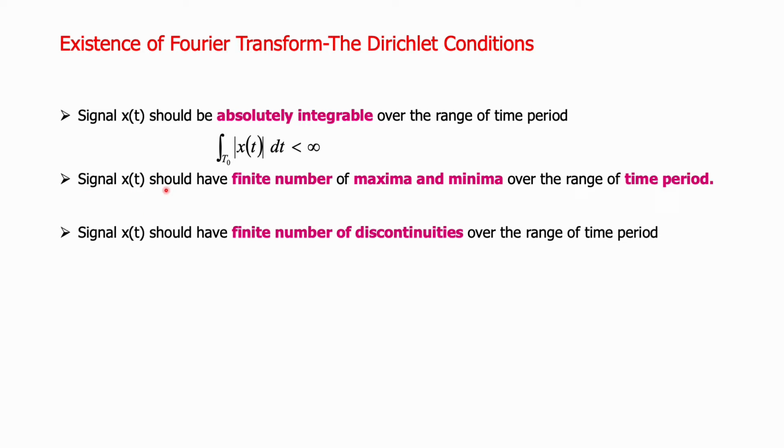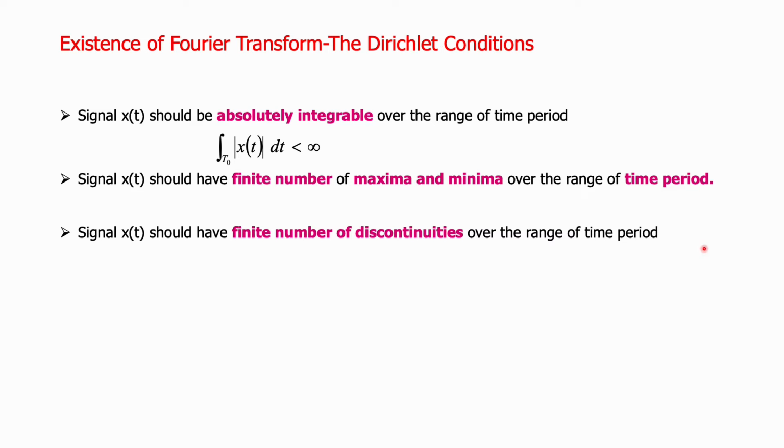The signal x of t should have a finite number of maxima and minima over the range of time period. You take a time period, and it has a finite number of maxima and minima.